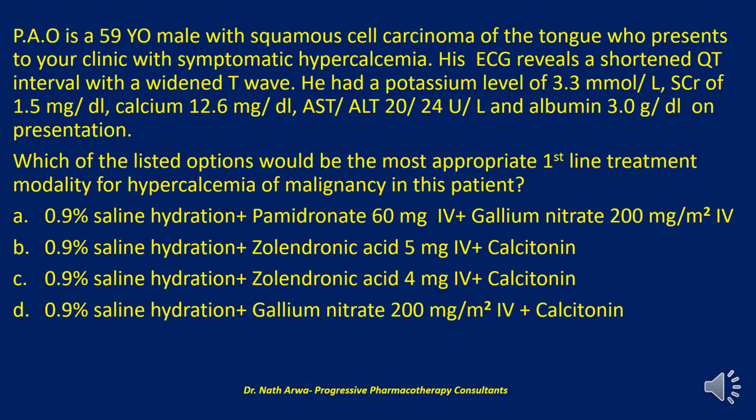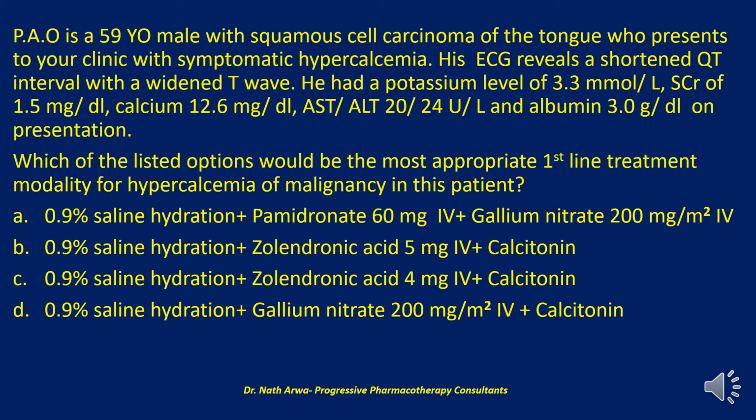So my question to you is, which of the listed options would be the most appropriate first-line treatment modality for hypercalcemia of malignancy in this patient, Pao? Would it be prehydration with normal saline followed by pamidronate 60 milligrams infused IV plus gallium nitrate dosed at 200 milligrams per meter square infused?